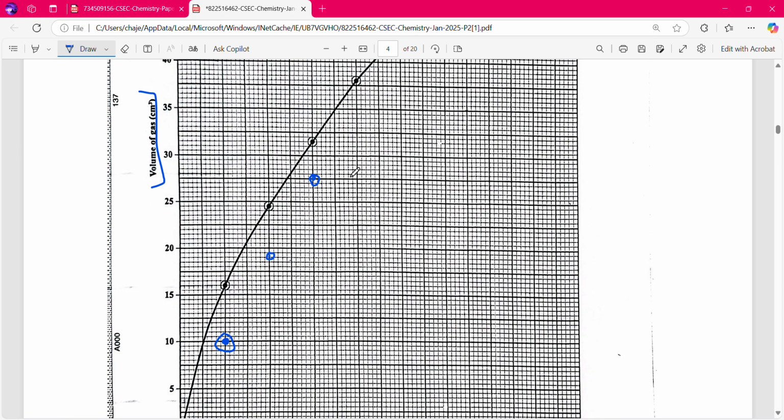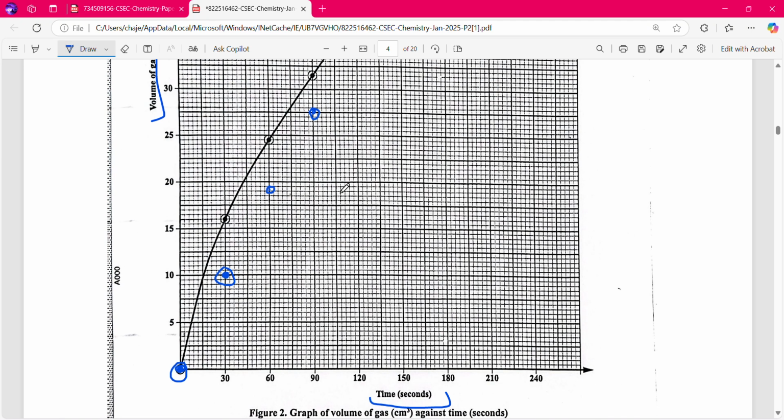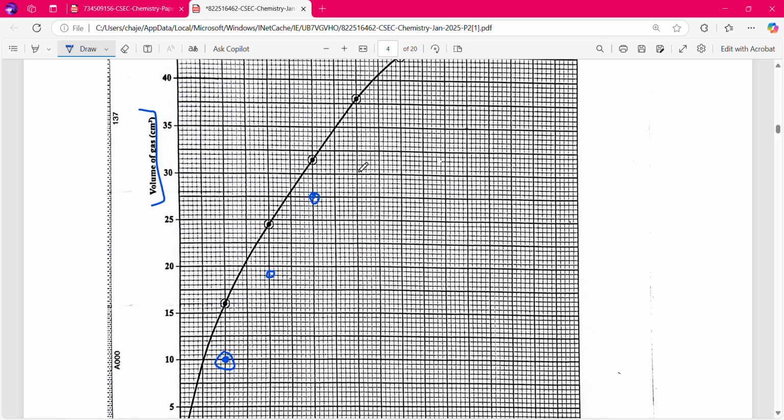Yes, continue. So it's falling 22.5 to what? 32?